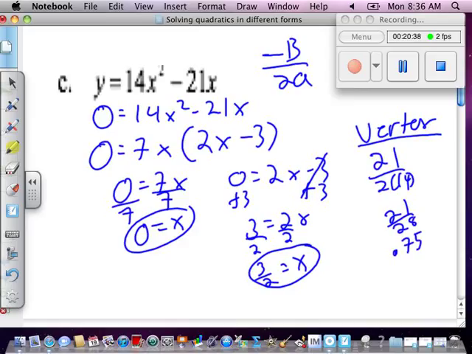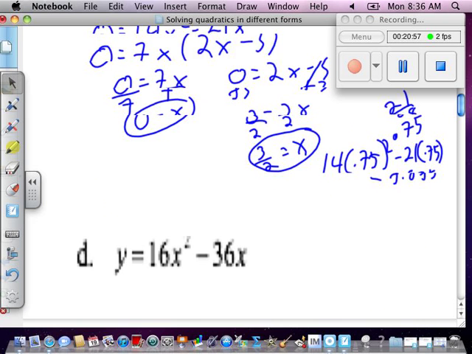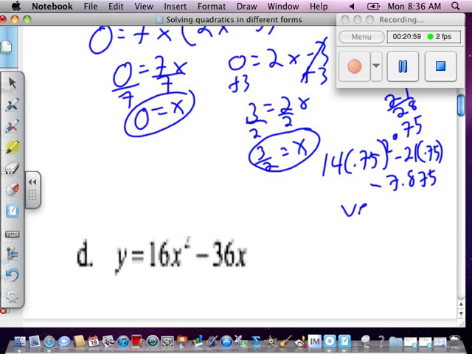Now I have to take this and plug it back into my original equation to find my answer. 14 times 0.75 squared minus 21 times 0.75. And I will get, this is why you probably should use a calculator, negative 7.875. So my vertex is 0.75 comma negative 7.875.